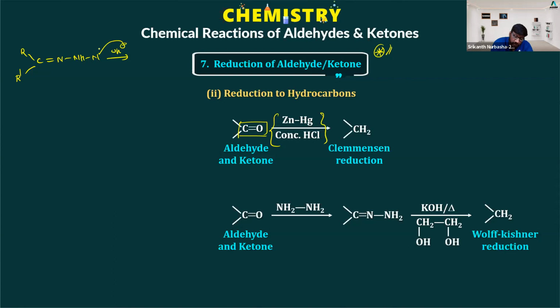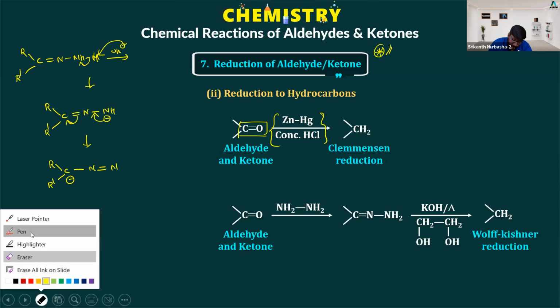OH minus picks up the proton. As soon as this proton is picked up, the NH electron density is given to nitrogen: R C=N N with a negative charge on nitrogen, R'. The negative charge on nitrogen comes into the C=N, electron density moves away: R C R', negative charge on carbon, N=NH. Again you have the NH bond.